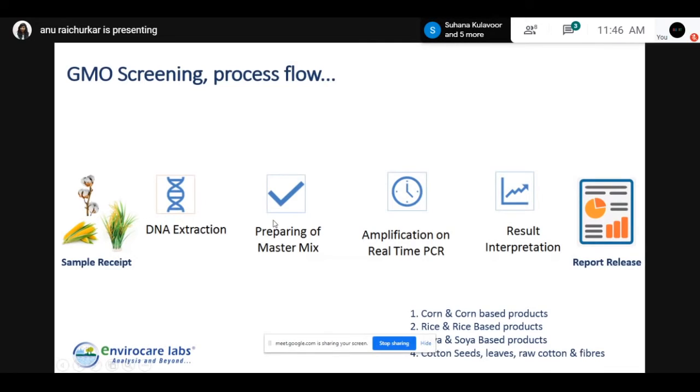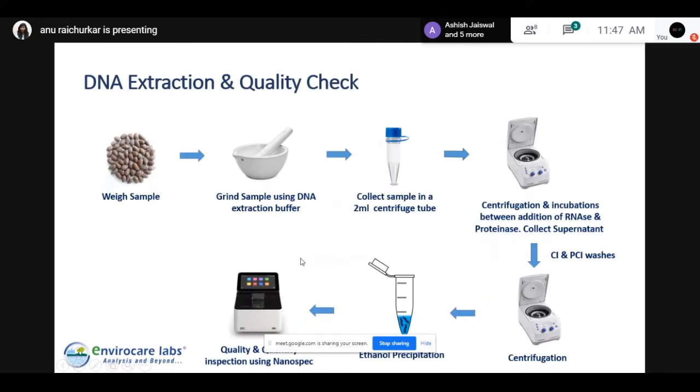Then we prepare something called a master mix, which includes the ingredients for the PCR reaction. Then the DNA is incorporated into this master mix and we amplify the DNA through cycles.